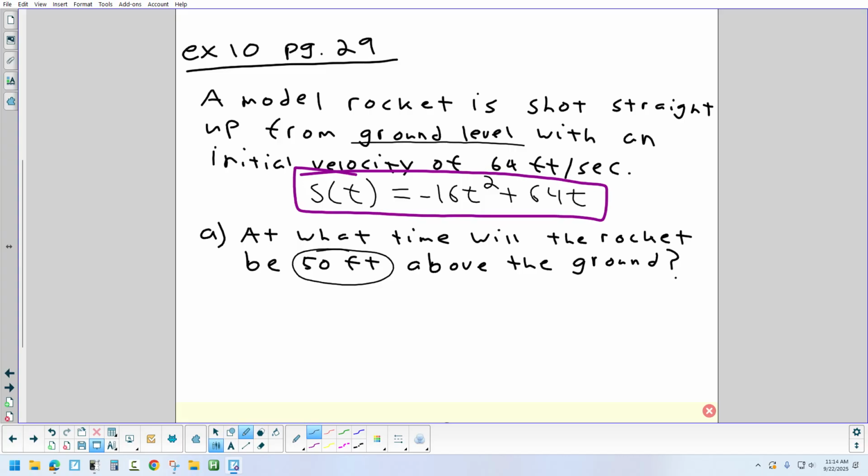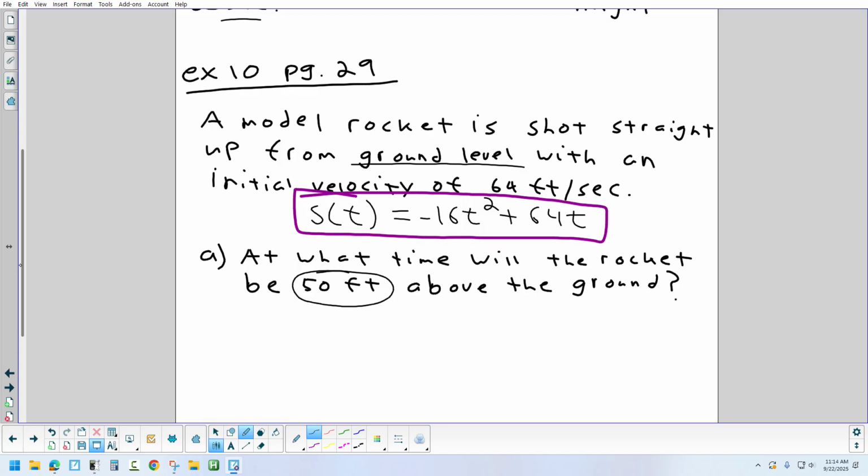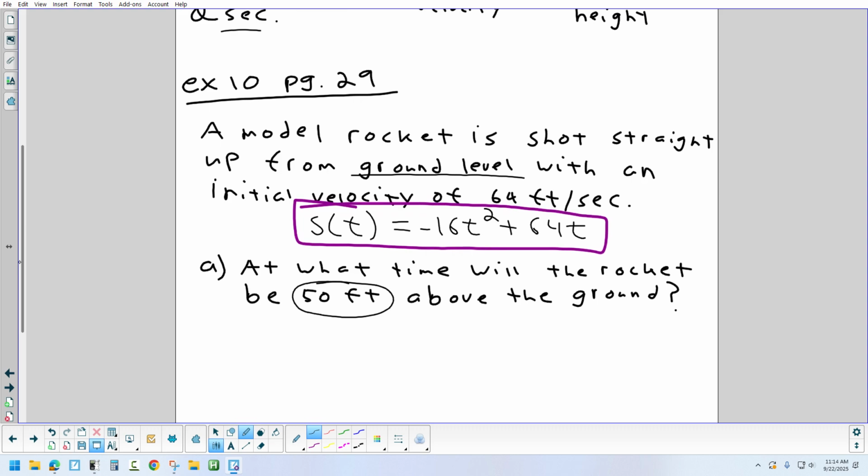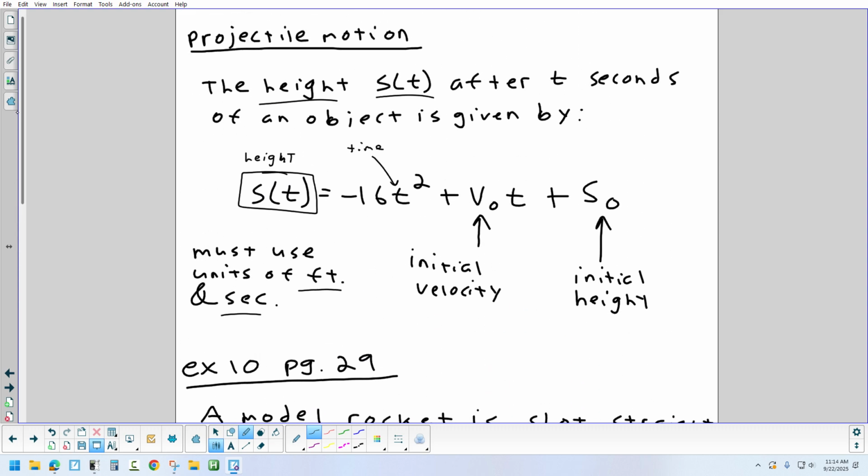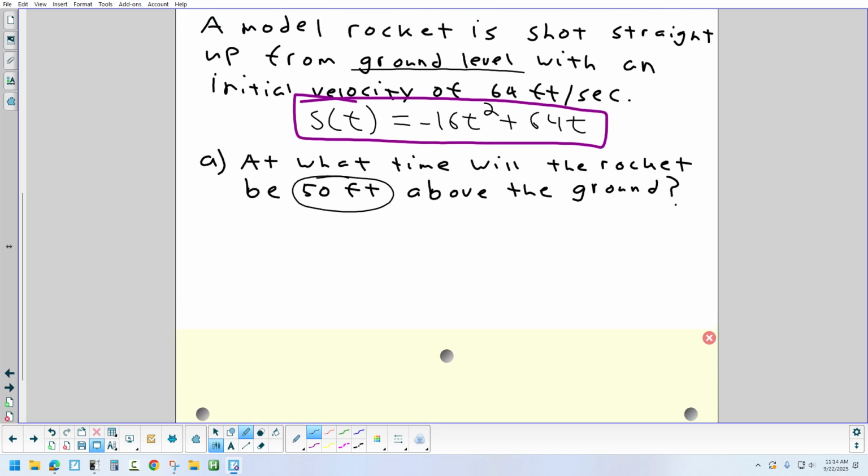S of t. Yeah. S of t is the height. And in this case, 50 feet is height. So you're going to plug in 50 right there. So you've got 50 equals negative 16t squared plus 64t.